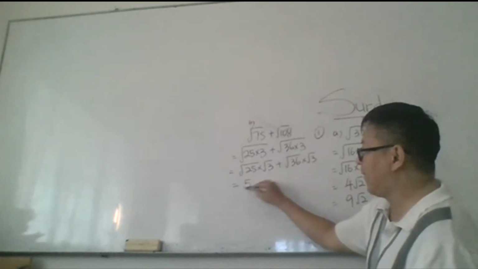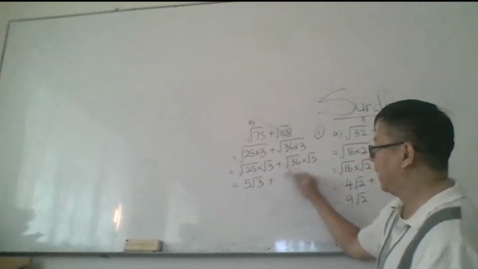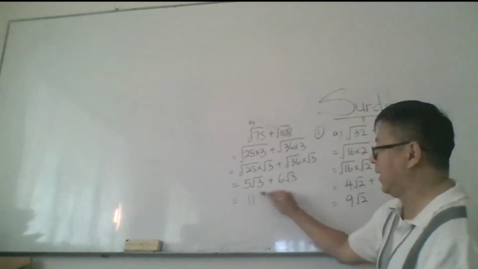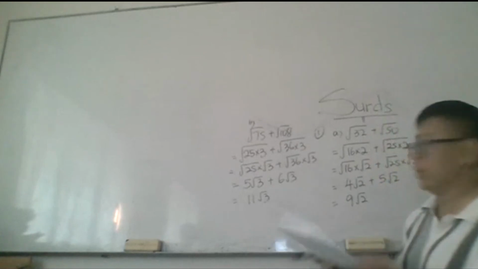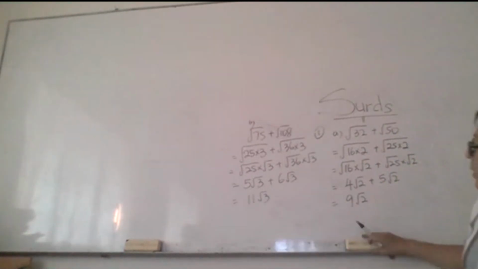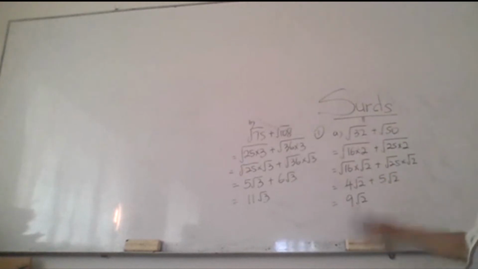So this will be 5 square root of 3 plus 6 square root of 3, and 5 plus 6 you get 11 square root of 3. So it's a very simple solution. I will write A, and I will proceed to your C.